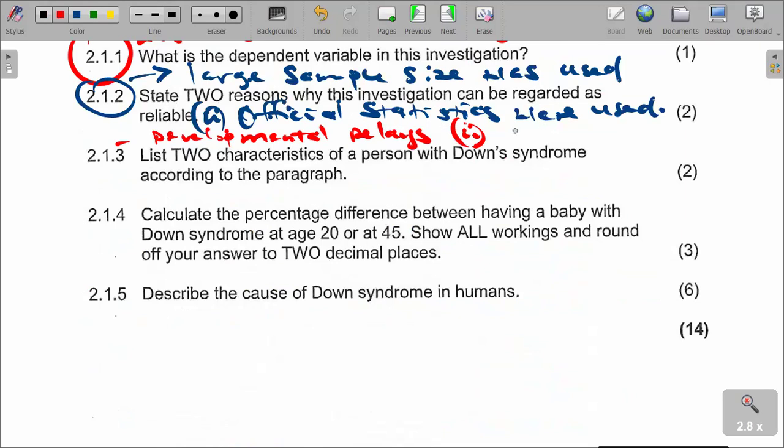We can also talk about intellectual disability. It can also form part of that. We have been talking about distinctive physical characteristics.